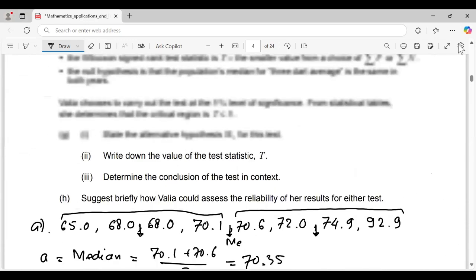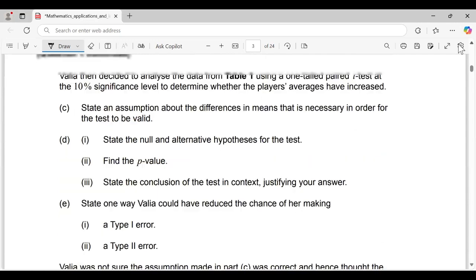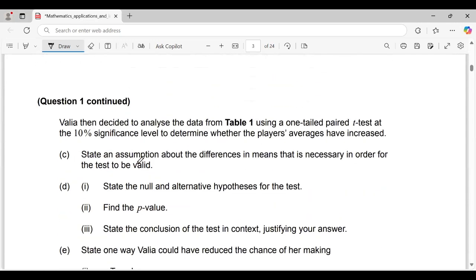Question C. Valia then decided to analyze the data from Table 1 using a one-tailed paired t-test at the alpha significance level of 10%. 10% means alpha is 0.1, to determine whether the players' averages have increased. State an assumption about the differences in means that is necessary in order for the test to be valid.